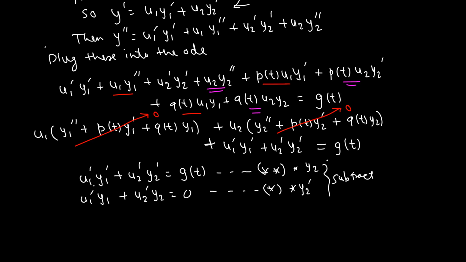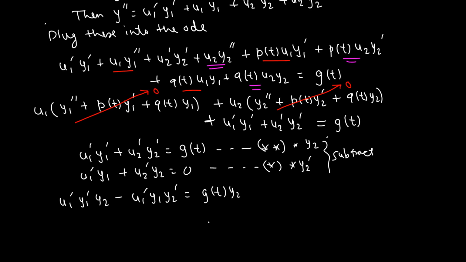Then we have now u1 prime y1 prime y2, and this cancels, minus this one with y2 prime, so u1 prime y1 times y2 prime. These two terms cancel, and we are multiplying by y2, so this is just g(t) y2 minus 0 is this. Okay, now we can solve this for u1 prime.